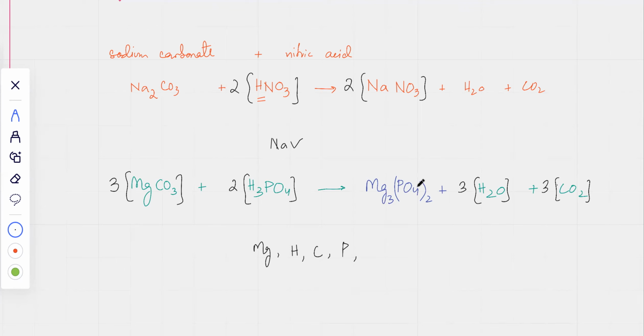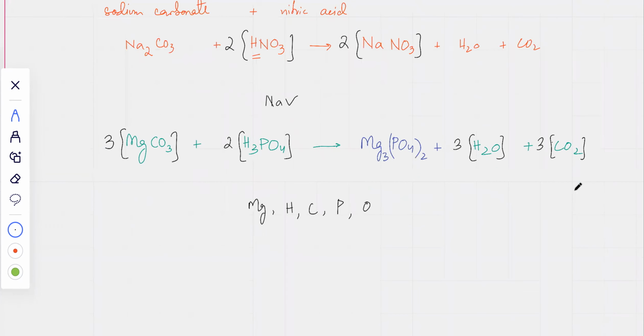That's 8, right? And there are 3 over here. So that's 8 plus 3, that's 11. Plus 6 is going to be 17. So oxygen is also done. So you've balanced everything. So just remember how to make a salt, and you can make the whole equation.